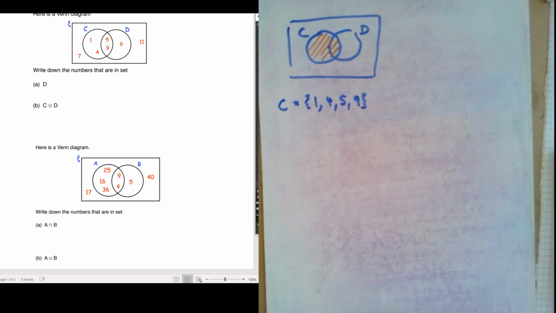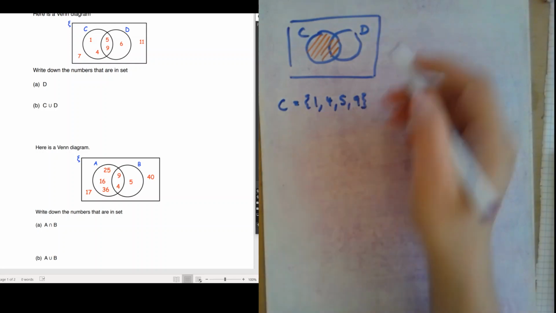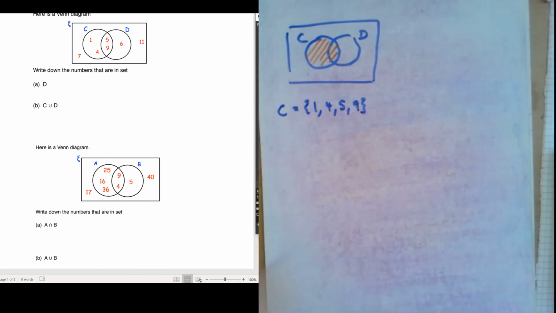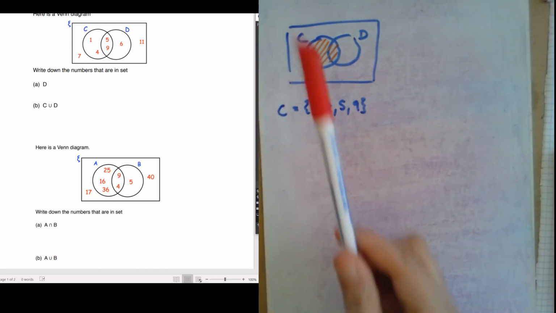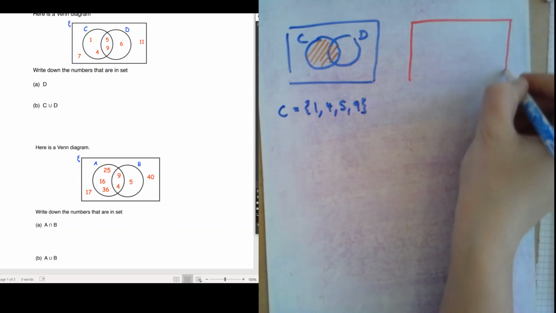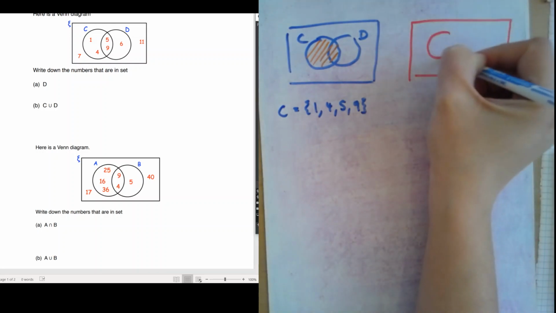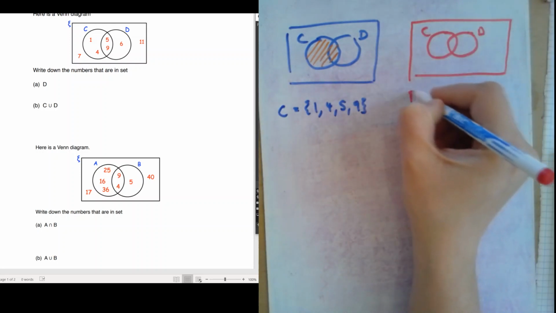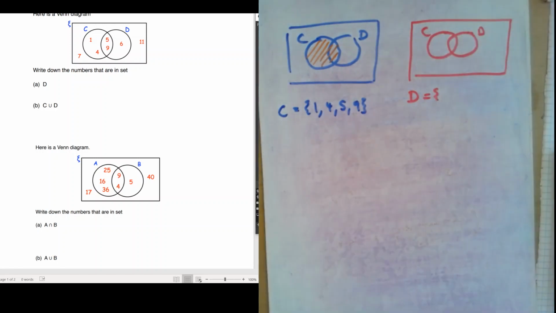Okay, and I'm going to do a slightly different color. Can you tell that's different? No, you can't. Let's try the trusty red. Okay, so same diagram. So I've got my C and my D. But this time, I just want to find out what D is.